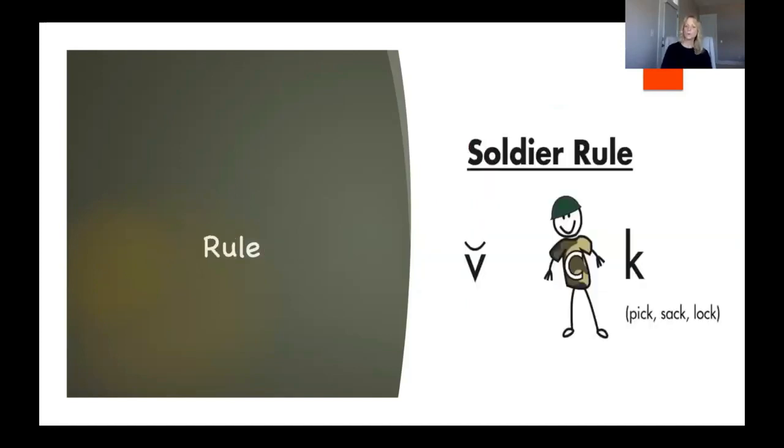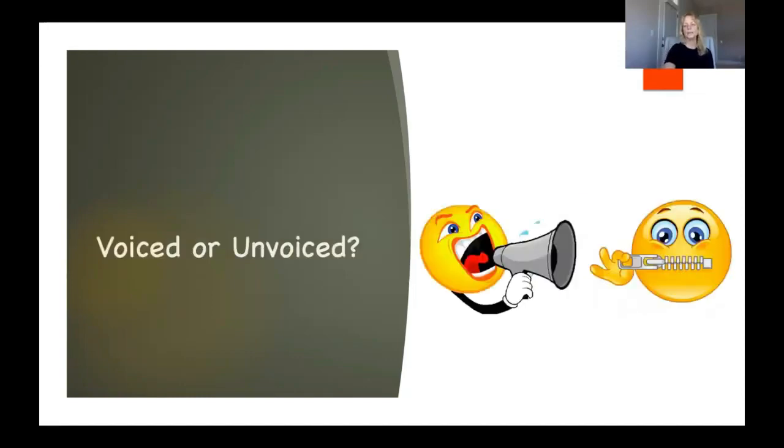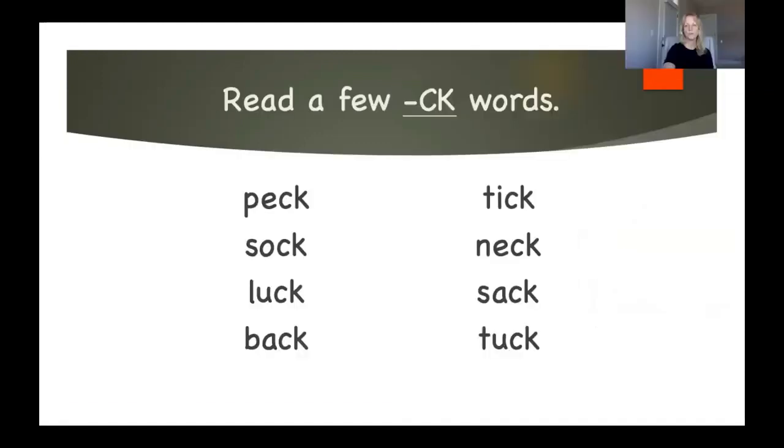Do you remember the rule? It's the soldier rule. Okay, tell me about the soldier rule. The C is the silent soldier that protects the short vowel in front of it from the K. Very, very good. That's the soldier rule. Is the K voiced or unvoiced? Unvoiced. Good. Be sure to circle unvoiced on your student recording sheet.